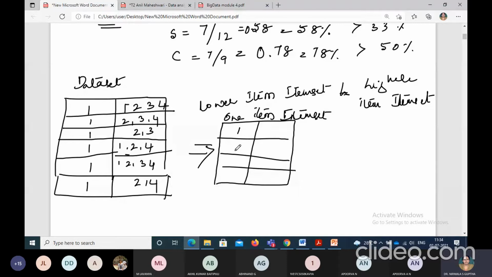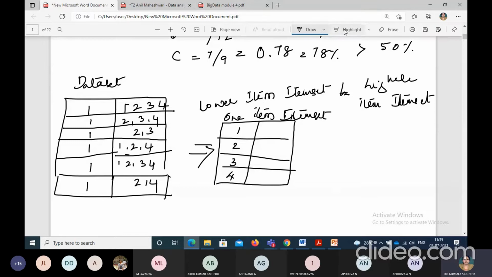That could be one as a product sold individually, two as an item sold individually, three as an item sold individually, and four as an item sold individually. So now let us make a count of this. How many times is the one coming? See here.